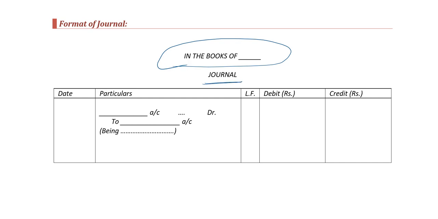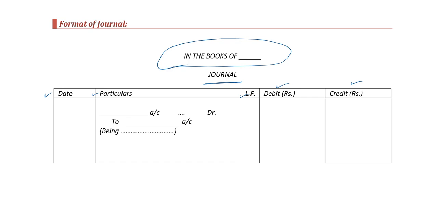Journal has 5 columns. The first column is date. Second column is particulars. Third column is ledger folio, abbreviated as LF. The fourth column is debit. And the fifth column is credit.